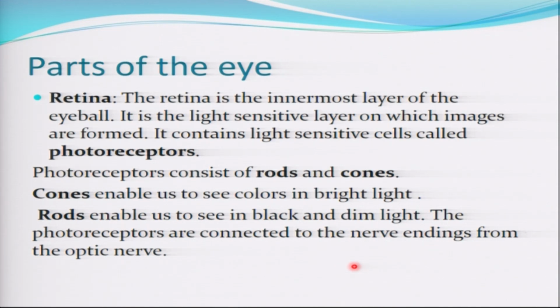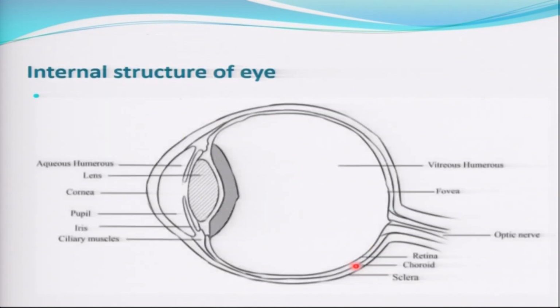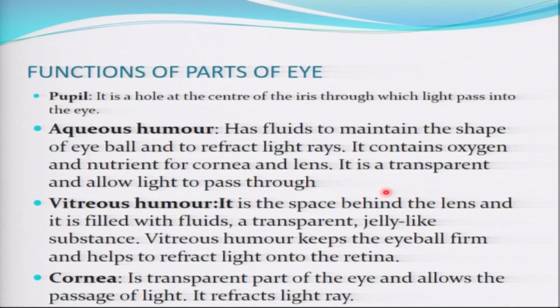They are located here on the retina. They receive the light that has passed here, and the light is changed into an impulse, into a message, which is carried to the brain.